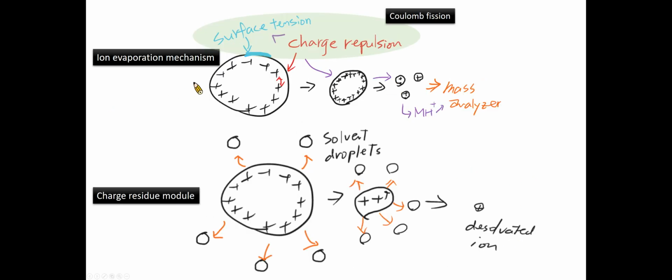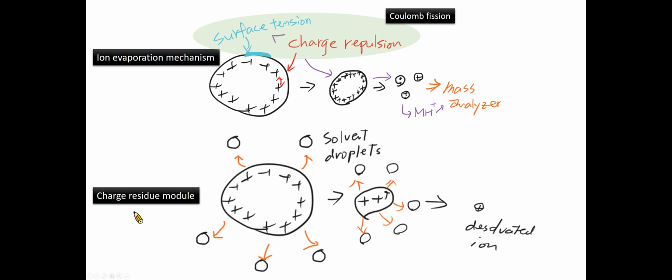Two main processes are proposed to explain the ion transfer process in the gas phase: the ion evaporation mechanism, or IEM, where the electric field at the surface of highly charged small droplets becomes sufficient to desorb ions directly from the surface. In this process, solvated ions leave the larger droplet, and subsequently the droplet shrinks until dissolved ions remain.